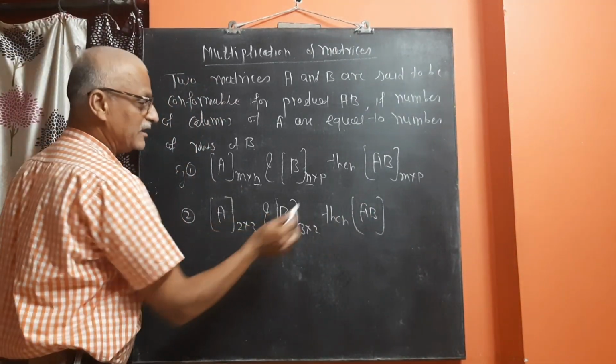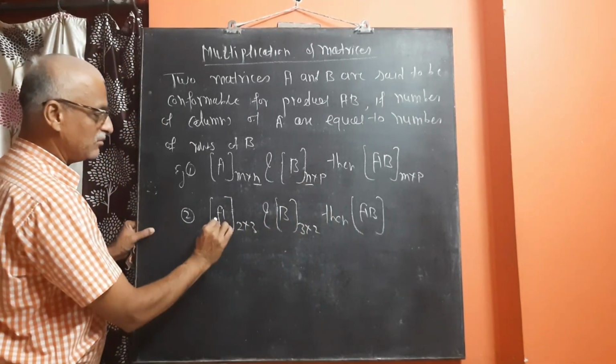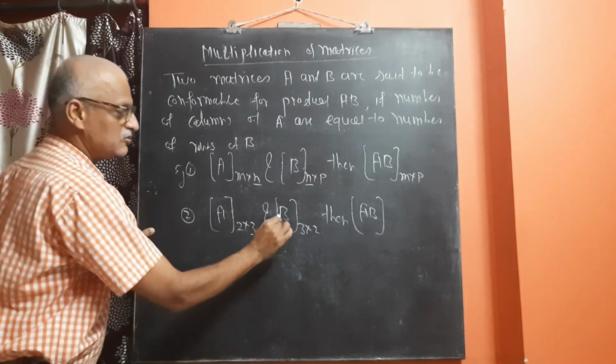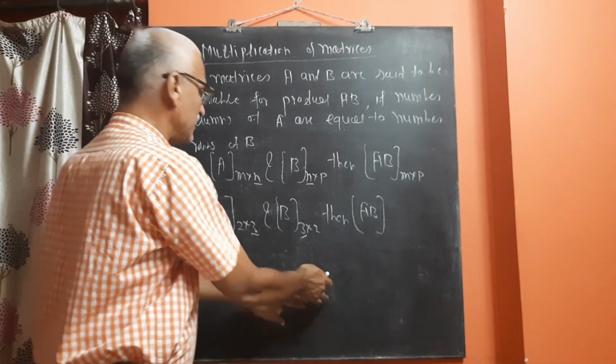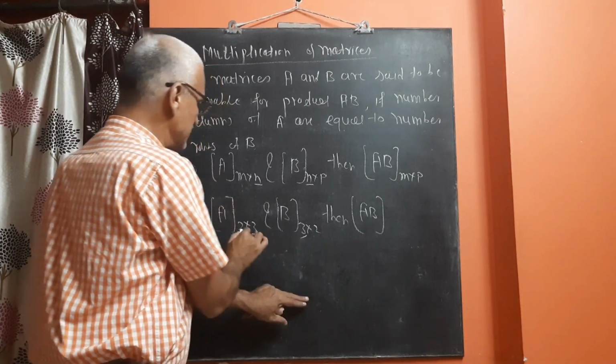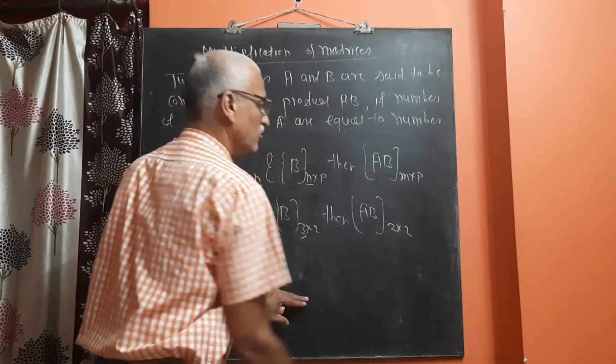Why can we find out the matrix AB? Because the number of columns of A are equal to the number of rows of B. So we can find out AB, and its order will be 2 into 2. That means the remaining numbers here and here, that will be 2 into 2.